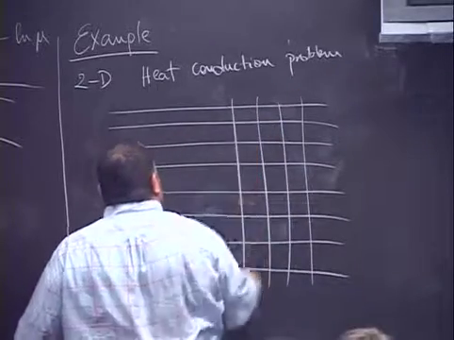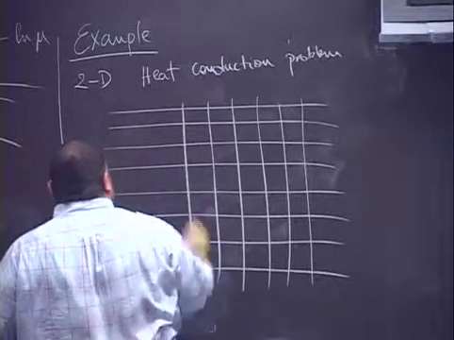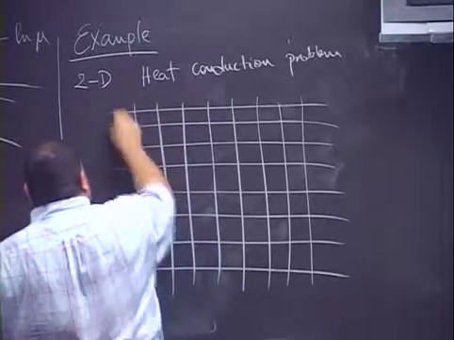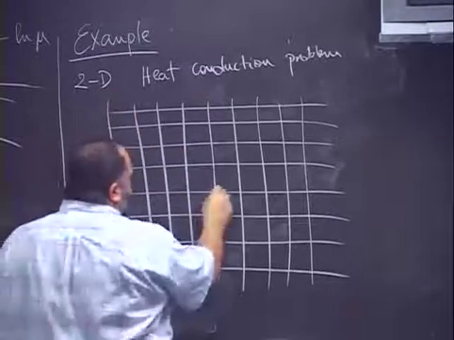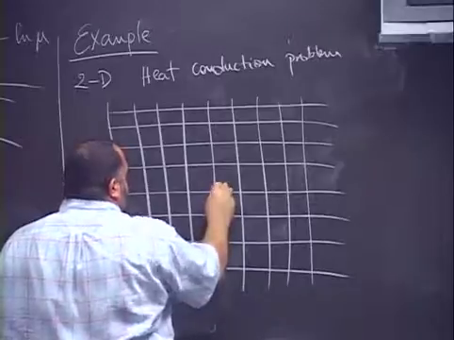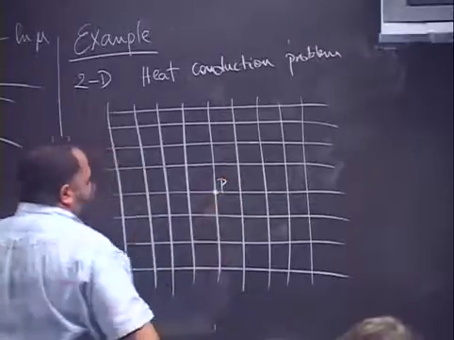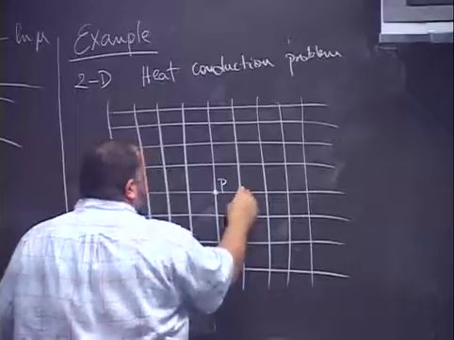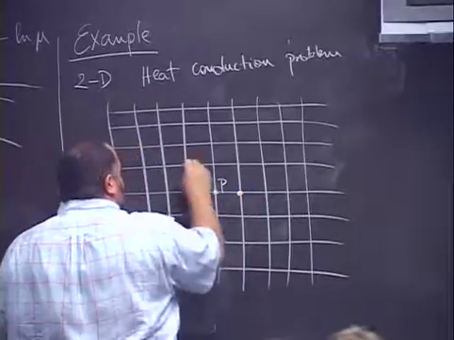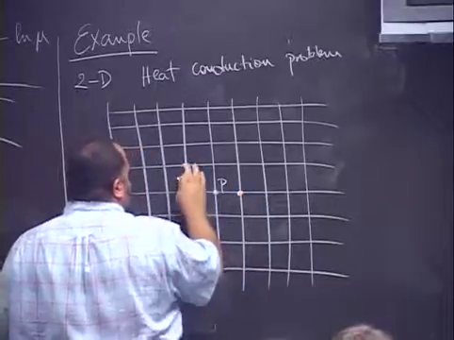At each node, and a node is defined as the intersection points here, let's assume that this node is called P, and I will define the nearest four node points.